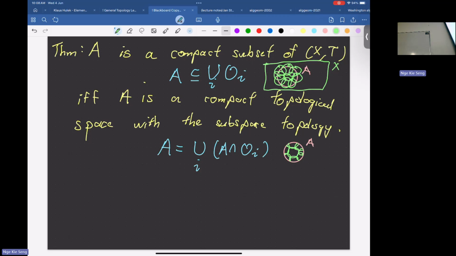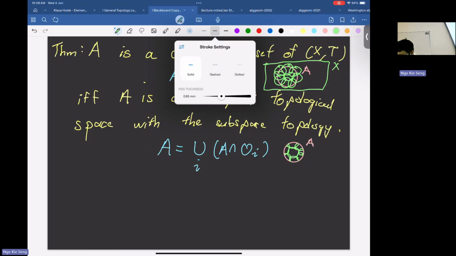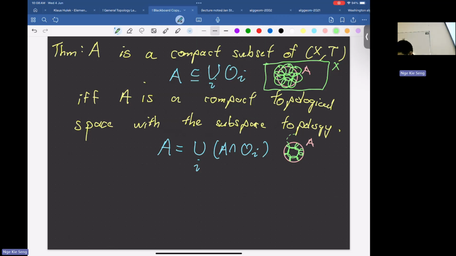After you take the intersection, this finite subcover should cover your A as well. Similarly, if you start from A, these O_i are actually coming from some open set in X. So maybe I can extend them like this.